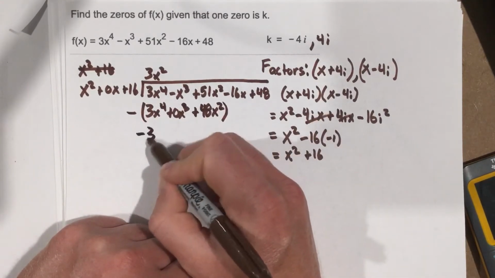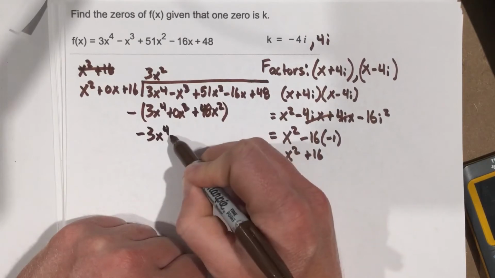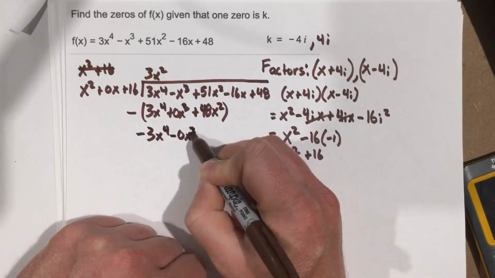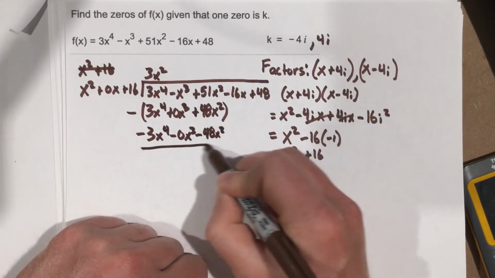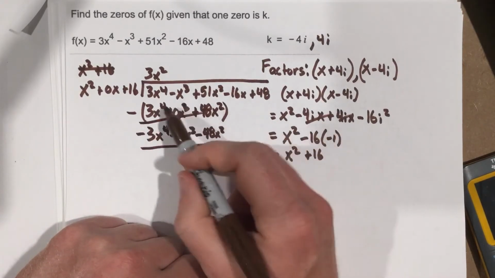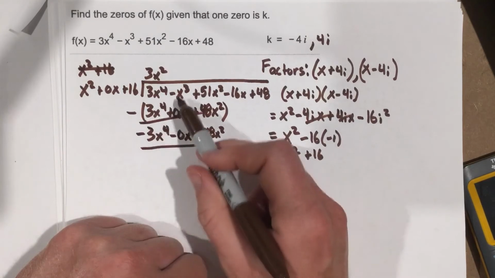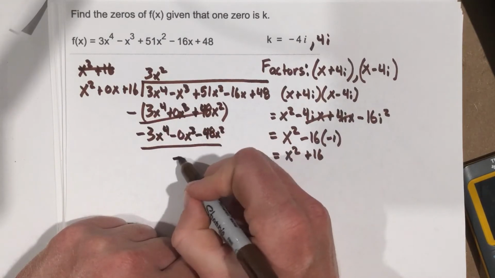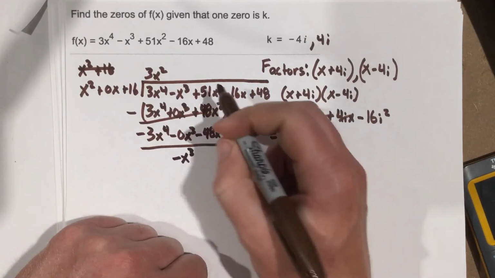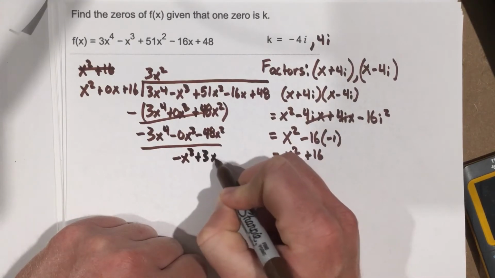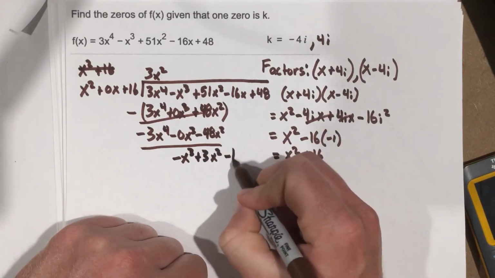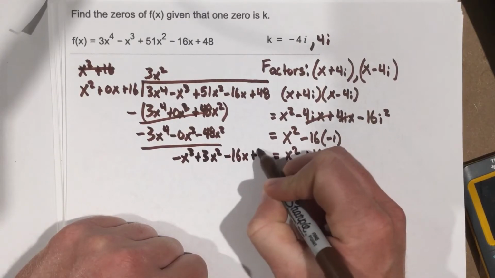That's negative 3x to the 4th minus 0x cubed minus 48x squared. Let's combine these together as 0. That's going to be negative x cubed, plus 3x squared minus 16x plus 48.